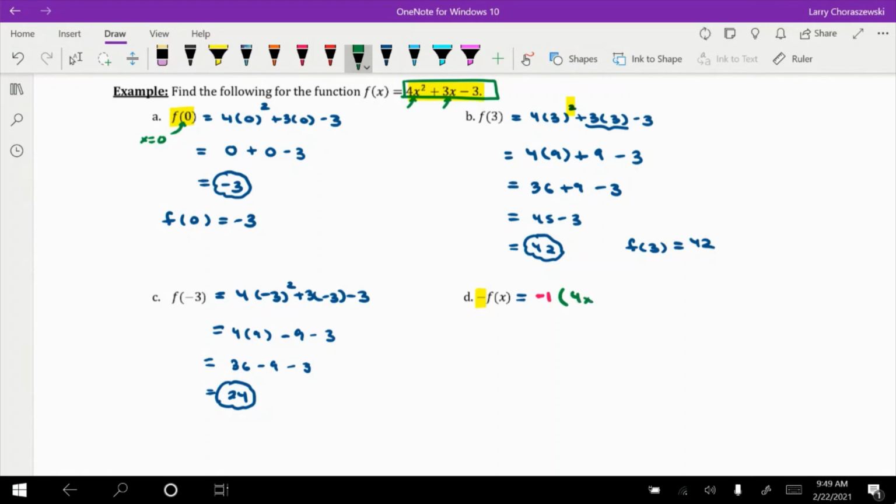And here's how we can set that up algebraically. And what we'll do is we'll clear parentheses by distributing -1 to all three of these terms to get minus 4x squared, minus 3x, and plus 3.